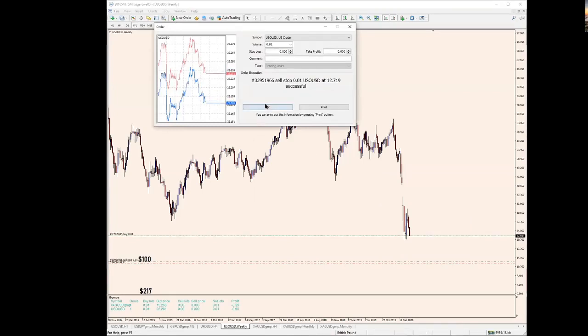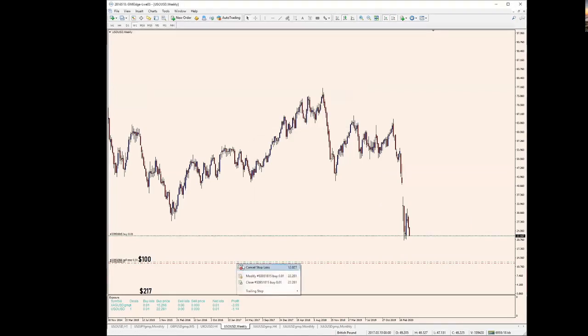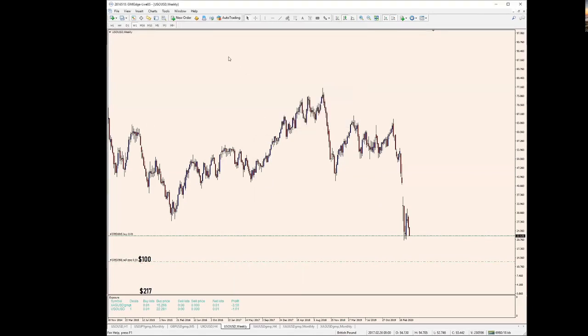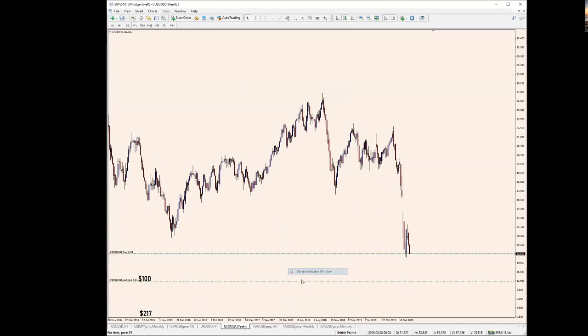Now, there are only two outcomes possible. Cancel stop loss. Let's delete this. Only two possibilities for oil. If the price just rises all the way to $50 from here, how much profit will I make?